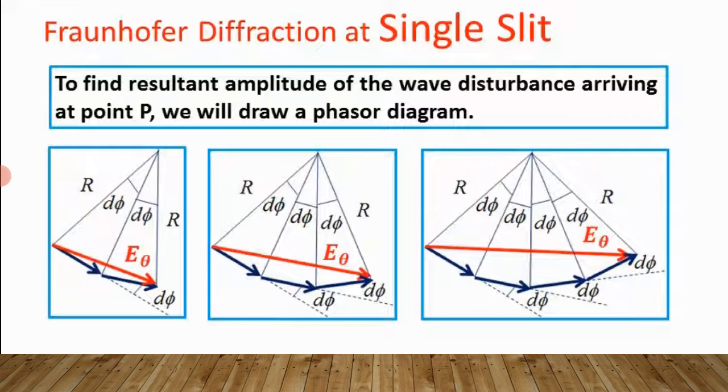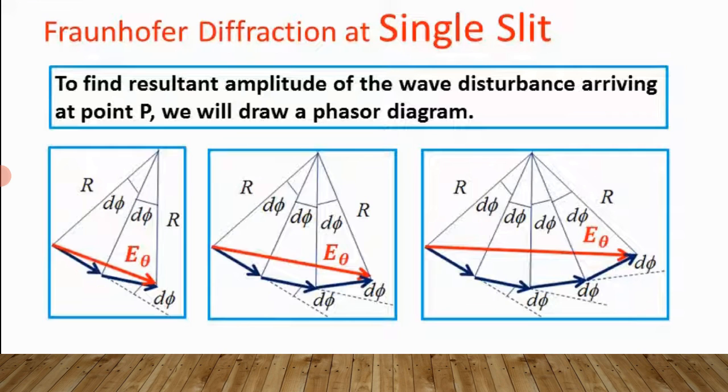The amplitude of vibration of the wave from each small slit is the same and is represented by a small vector known as a phasor. There are n phasors of the same amplitude and the same phase difference. The phasors of equal amplitude and the same phase difference between adjacent phasors form an arc of a circle.